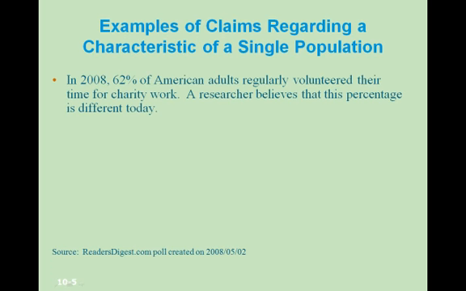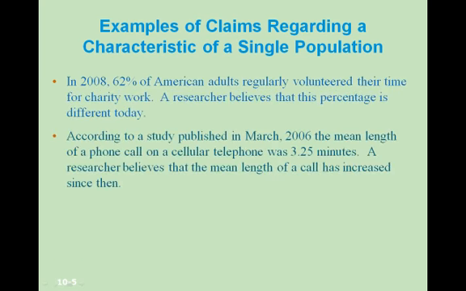The first, in 2008, 62% of American adults regularly volunteered their time for charity work, and a researcher believes that this percentage is different today. In the second one, according to a study published in March 2006, the mean length of a phone call on a cellular telephone was 3.25 minutes.